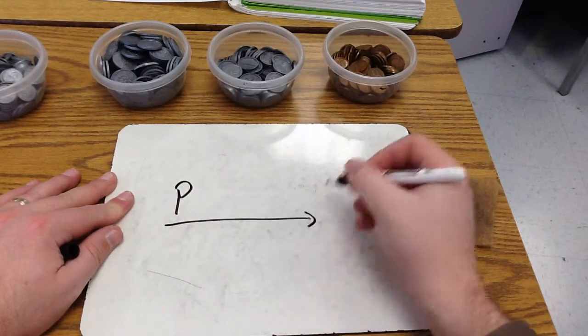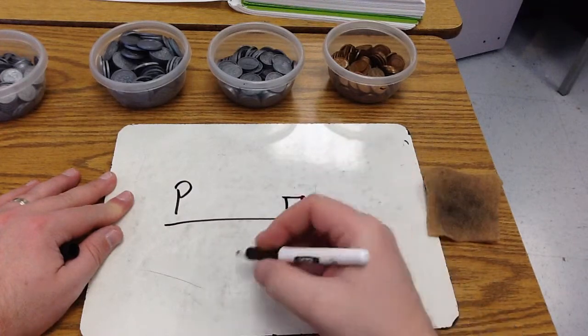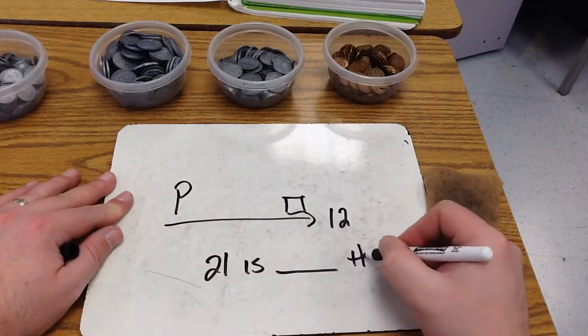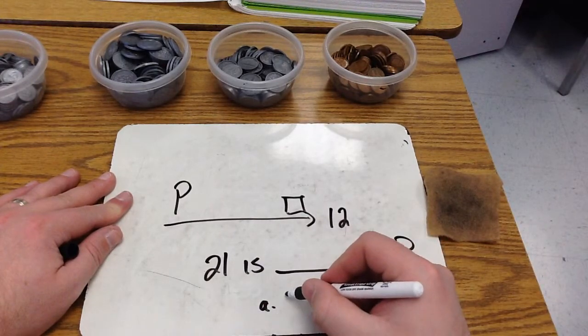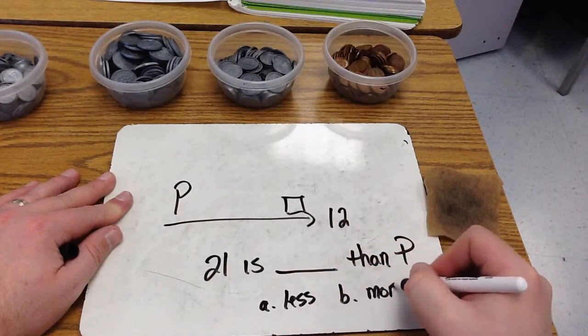I'll use P again, and we'll make this just 12. And I have the question, 21 is blank than P. Is it going to be less, or is it going to be more?